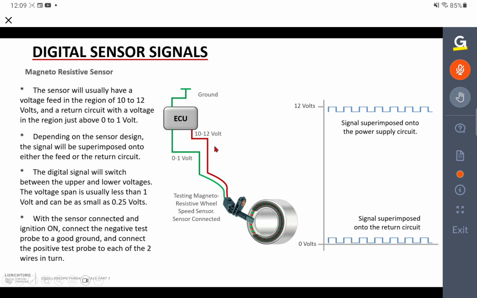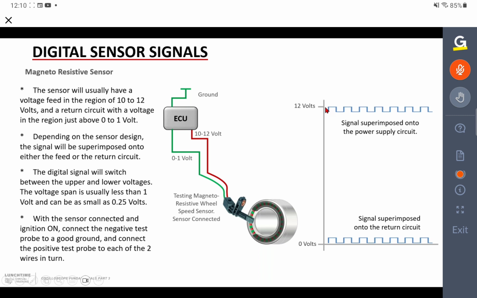We can pick up the signal on either the power supply wire or on the ground wire, depending on the construction of the sensor. If we're picking it up on the power supply wire, which we're going to call 12 volts, we get a digital pulse, which we can say is on or off, but it doesn't actually go down to 0. It will start at 12 volts.